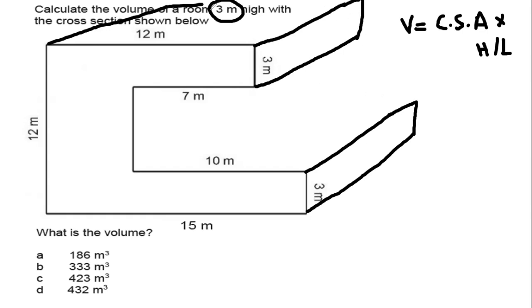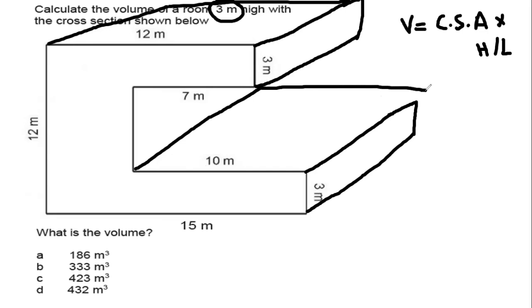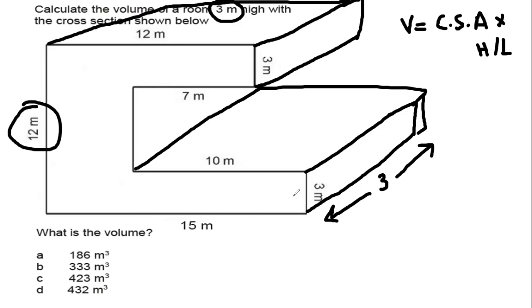So this will go like this. That's how it looks, a solid figure. And the 3 meters, even though it says 3 meters high, and you might be thinking of a vertical line, it actually goes along like that because 12 is given already.